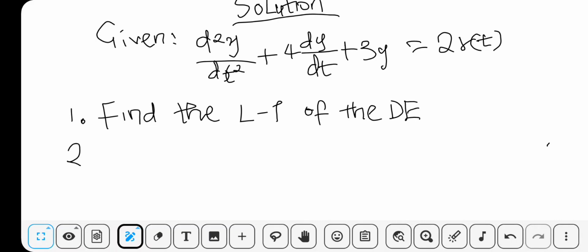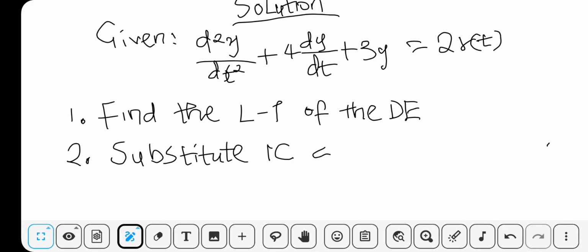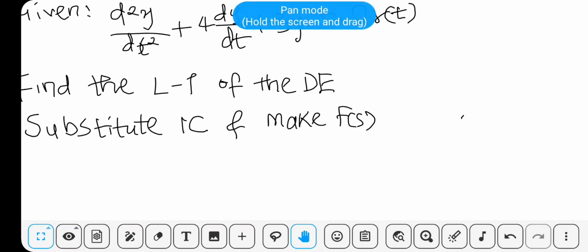Then after that, you substitute. Second step, substitute initial conditions and make F of s the subject of the formula.